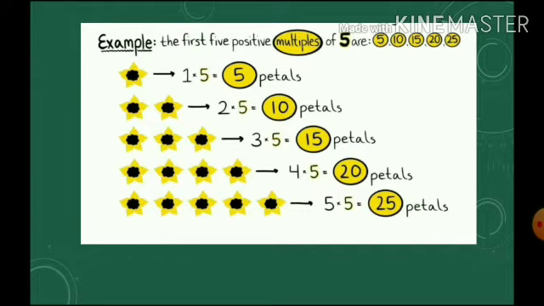So 2 fives are 10. 3 fives are 15 petals. 4 fives are 20 petals. 5 fives are 25 petals. These are multiples of 5. So what are multiples of 5? 5, 10, 15, 20, 25. What is next? 30, 35, 40, 45, etc.